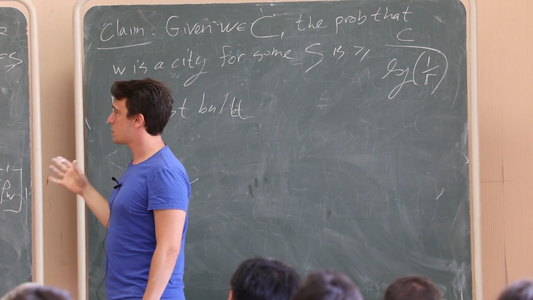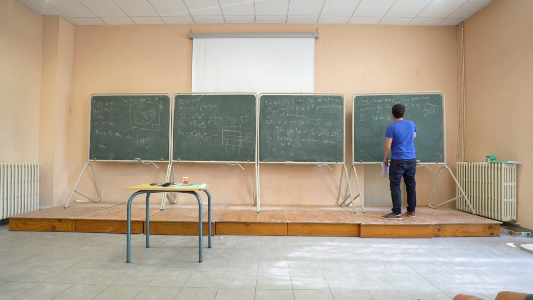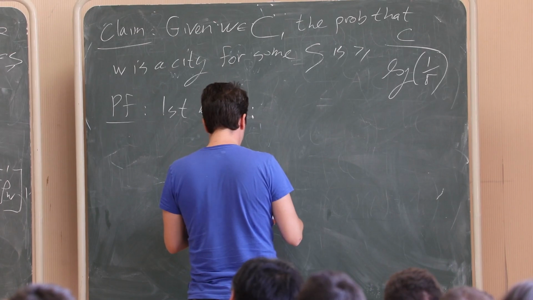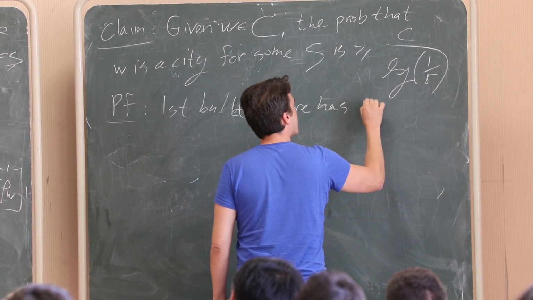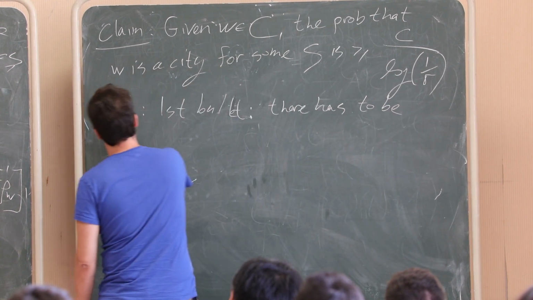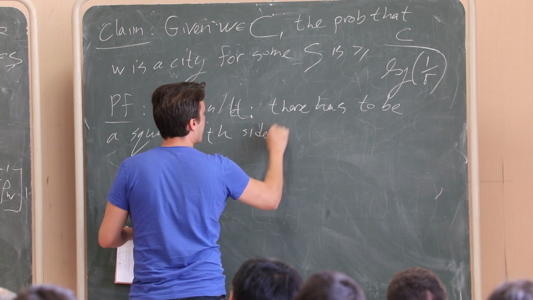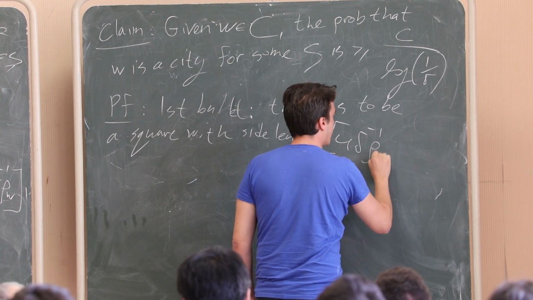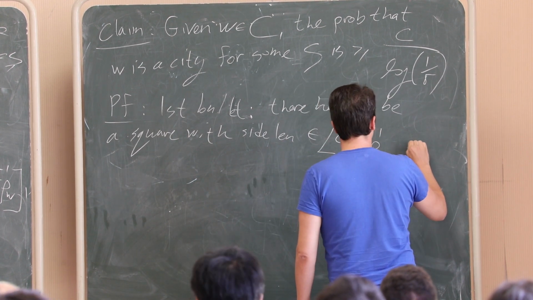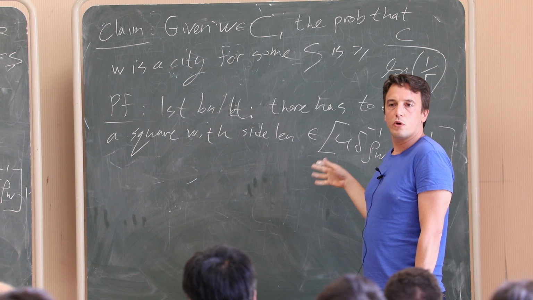We have to have a square whose side length is like this. Without it, of course, nothing can hold. So there has to be a square for the first bullet, with side length between 4 delta to the minus 1 rho W and 5 delta to the minus 1 rho W. The point is we don't know what rho W is.